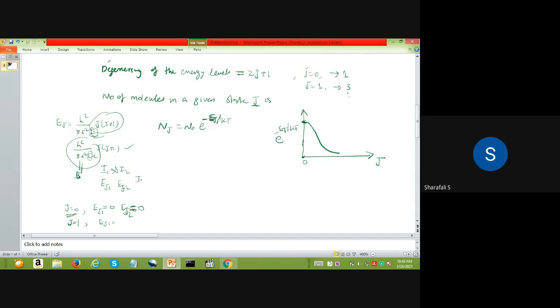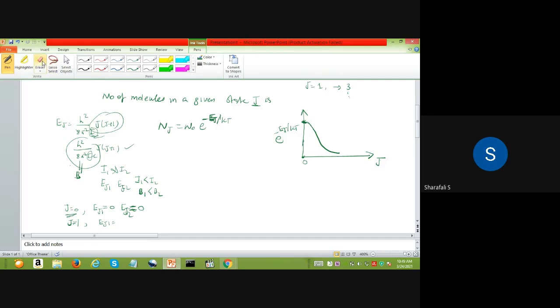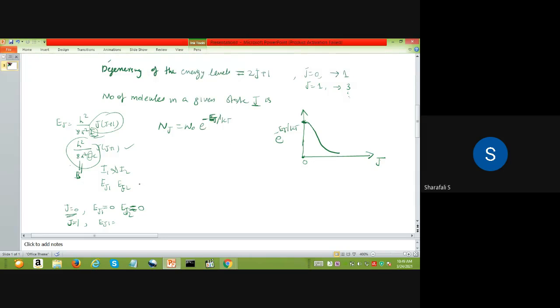And if I take this I1, which is smaller than I2, let's consider it like that, which means that B1 is higher than B2, because I is inversely proportional to B. From this, if I consider I1 greater than I2, then my B1 should be less than B2, because B and I are inversely proportional.